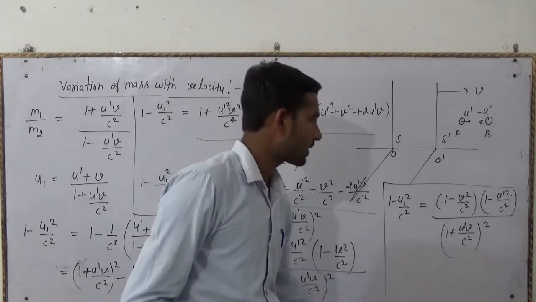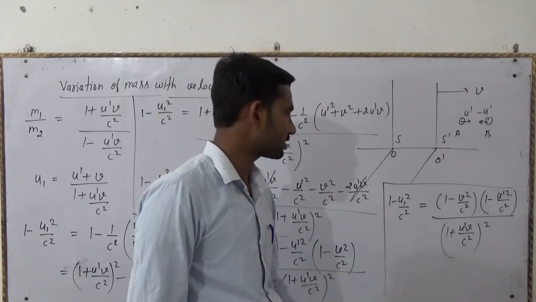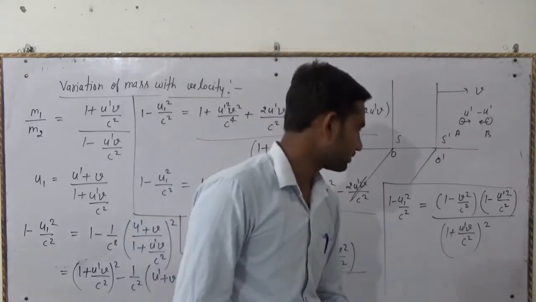It will be such that 1 minus u1 square by c square is equal to this term.